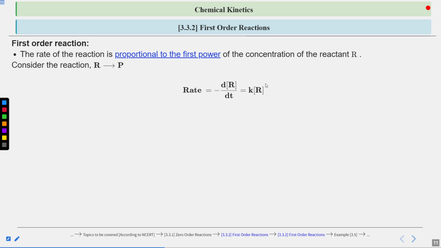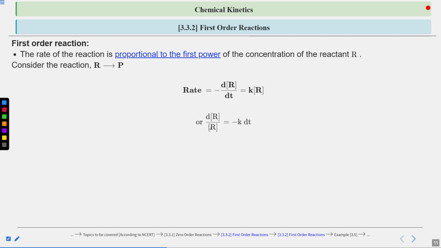If the power is 1, we don't have to write it; if R is written, it already implies a power of 1. So minus dR by dt is equal to kR, where k is the rate constant. I hope you all understood the minus sign: we are talking about the change of concentration of reactant, and the concentration of reactant is decreasing with time, which is what this negative sign indicates.